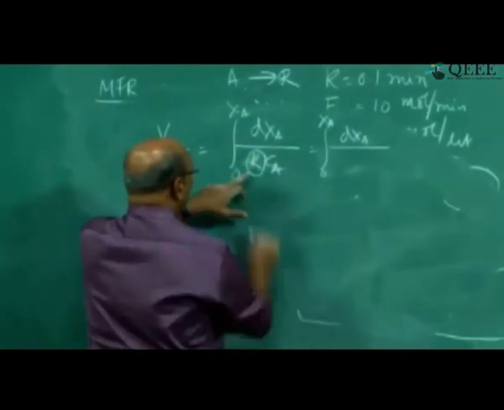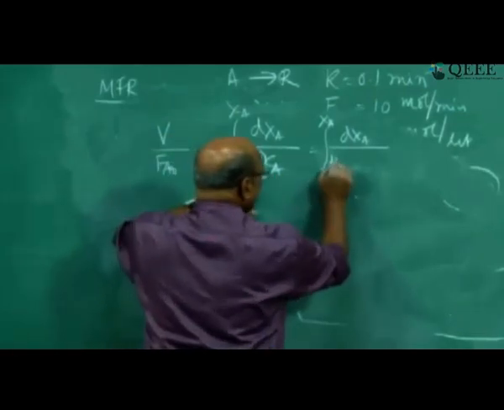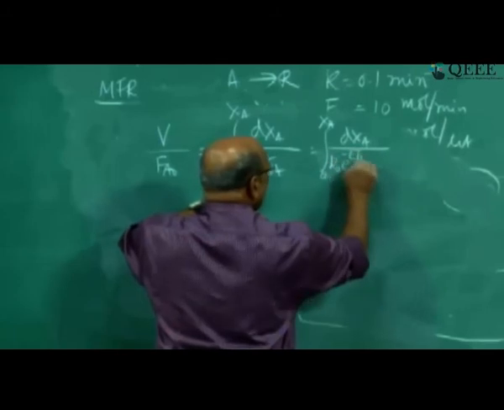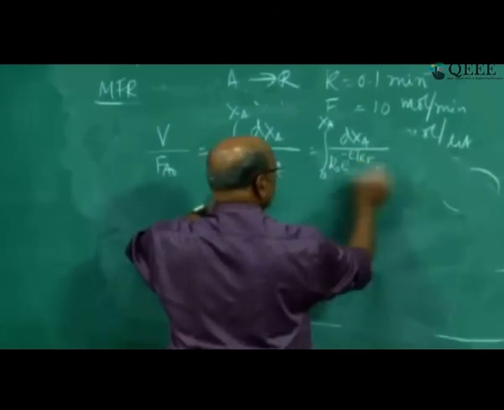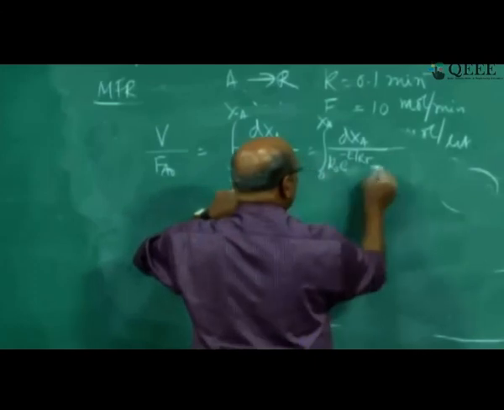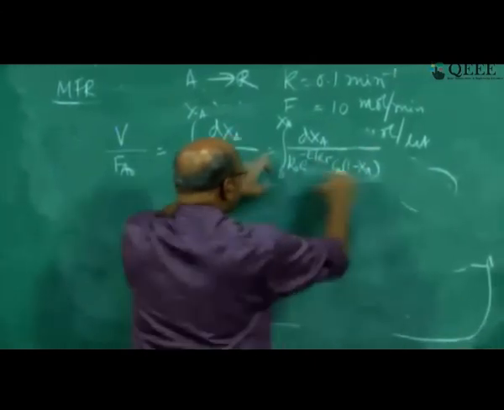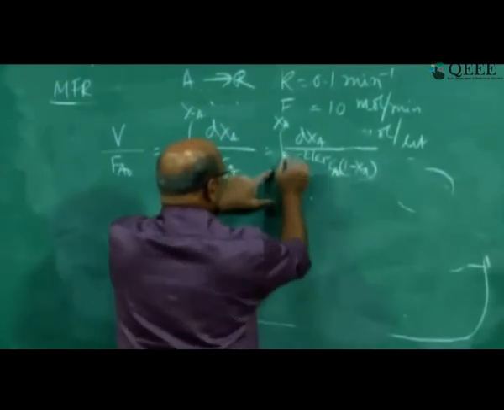Please remember, Arrhenius equation is nothing but k naught, that is frequency factor, e to the power minus E by R T, into C A, and the C A can be written as C A naught into 1 minus X A.